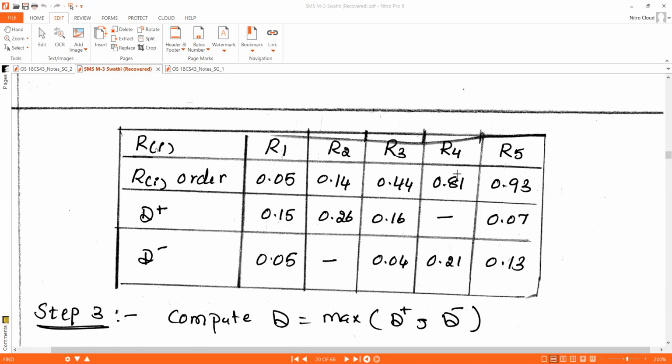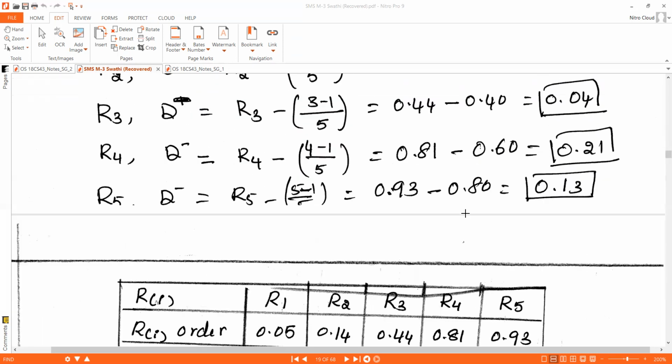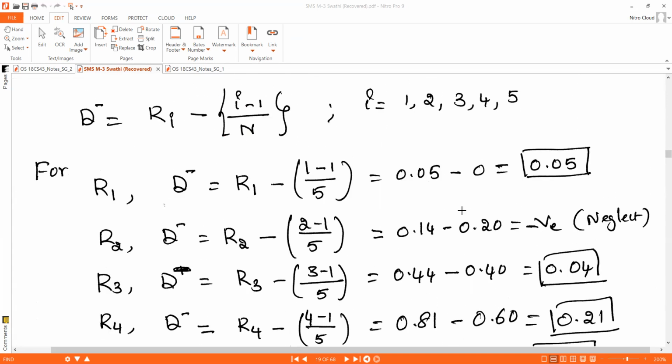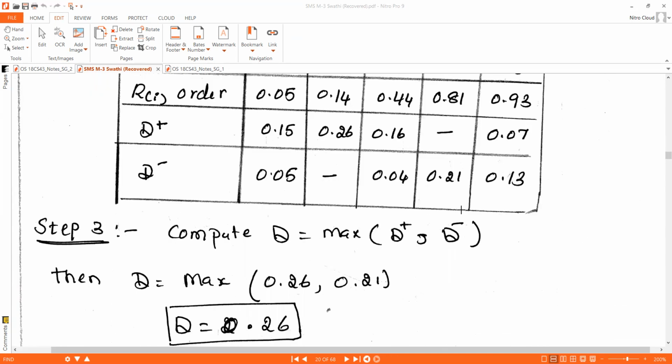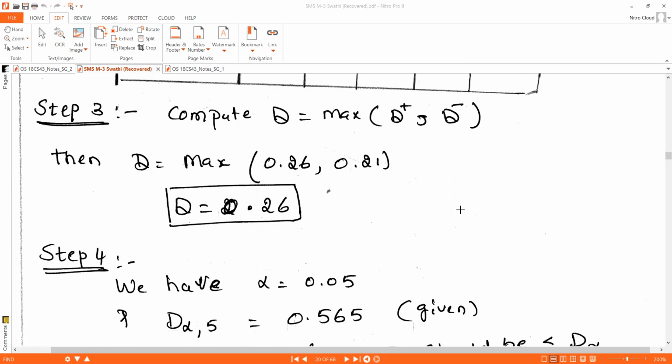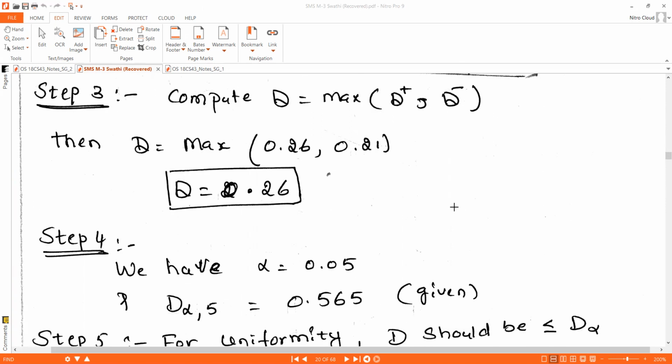When i equals 4, d minus value is 0.21. When i equals 5, d minus value is 0.13. Whatever we have computed for d plus and d minus, we have represented in this table.